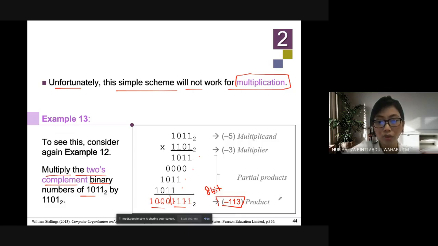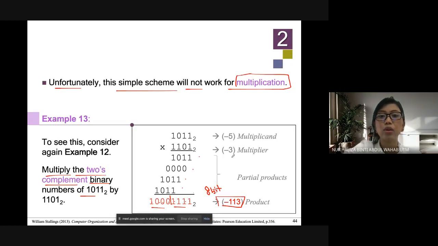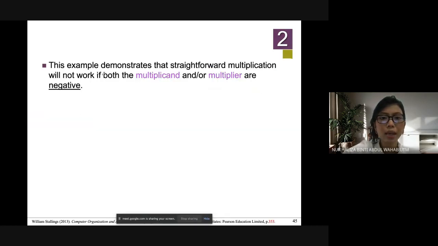Is it correct or not? Because supposedly you should get only minus 15. That is why it's not going to work in your multiplications. So this example demonstrates that straightforward multiplication will not work if both multiplicand and multiplier are negative.